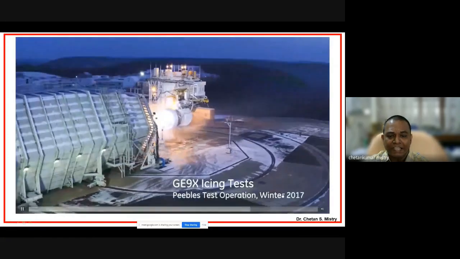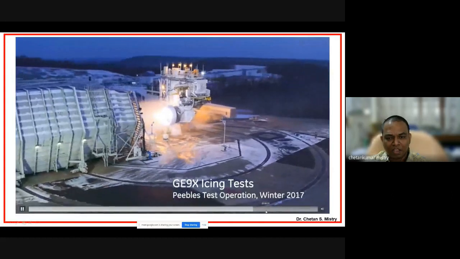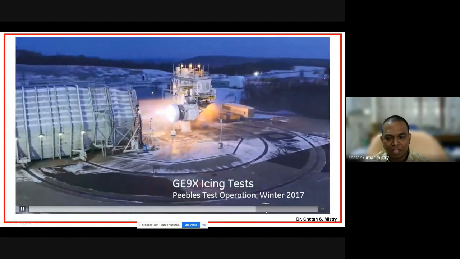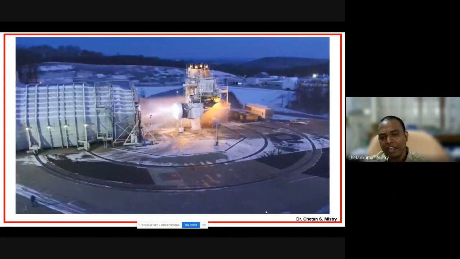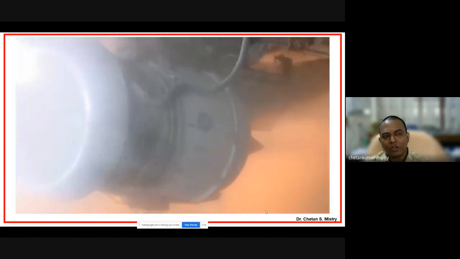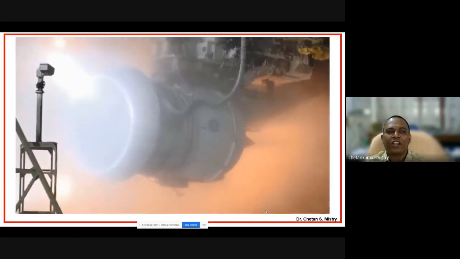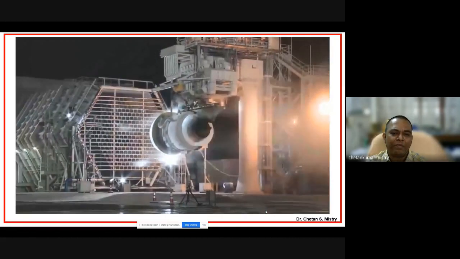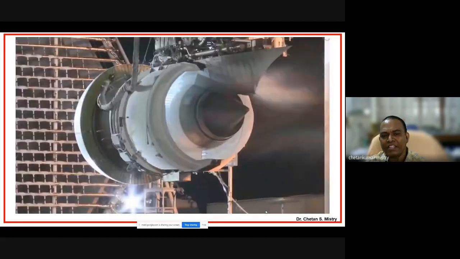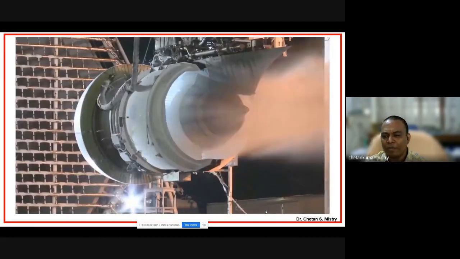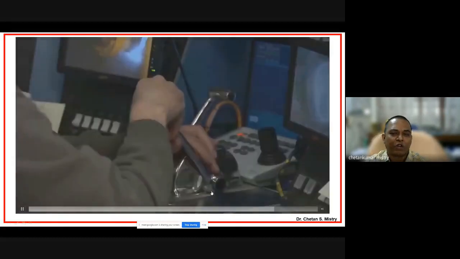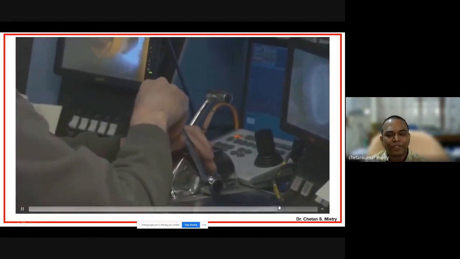This is an icing test. Because you can understand the aircraft we are using will be working in all worst kinds of situations: maybe heavy rain, very heavy ice, or thunderstorm, or very high temperature when we are talking about the Middle East regions.